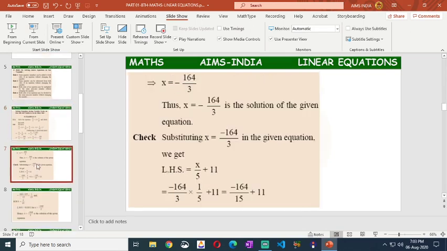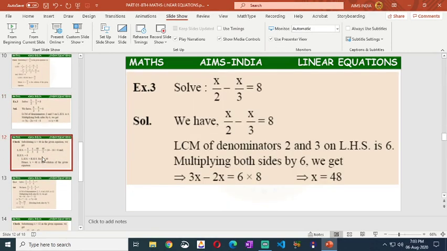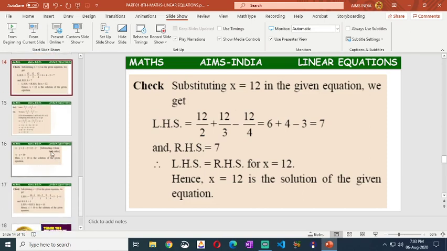We discussed 5 examples. For each example, we checked the answer by substituting the value in LHS and RHS, so that it will be confirmed whether the answer is correct or not.